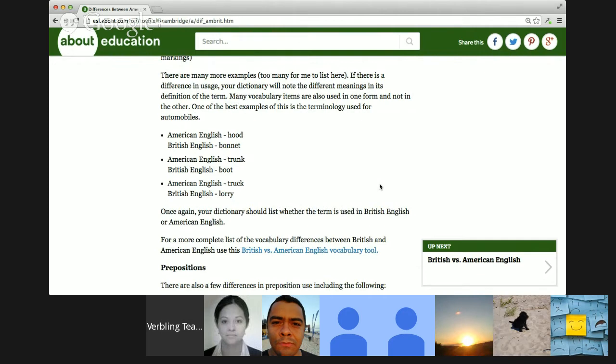American English, truck; British English, lorry. Once again, your dictionary should list whether the term is used in British English or American English. For a more complete list of vocabulary differences between British and American English, use this British versus American English vocabulary tool.